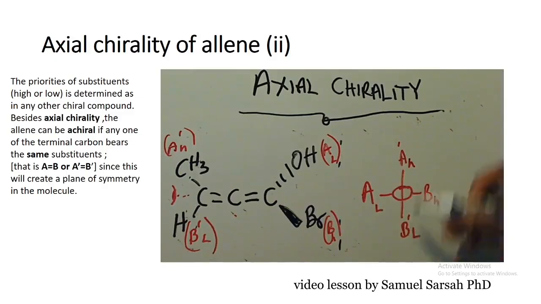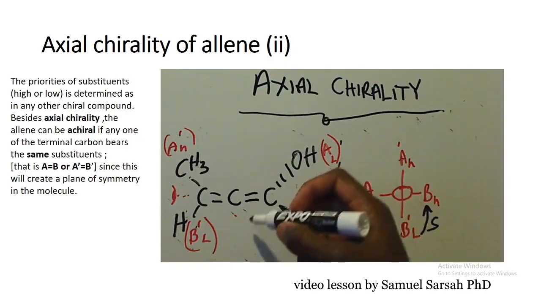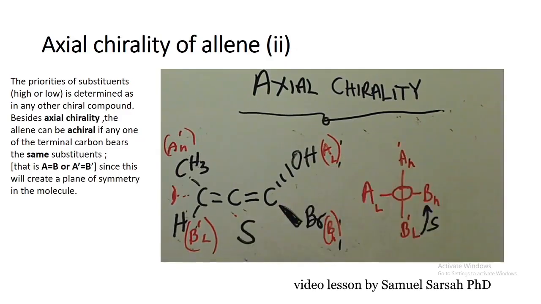So I move from the lower priority of my starting point towards the higher priority of the other group. So this is counterclockwise. So this is S, and therefore this is S.